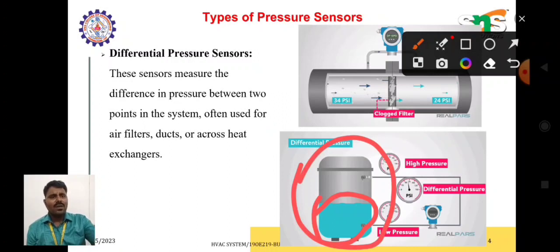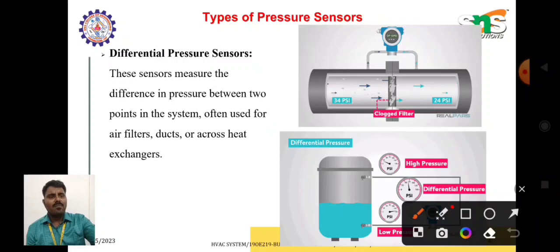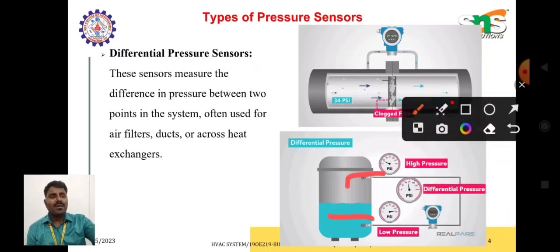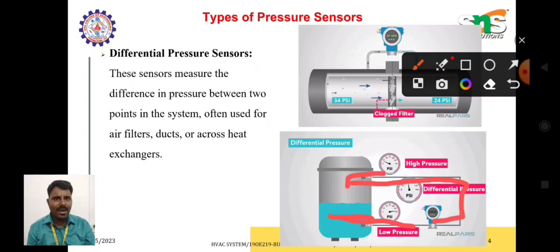Here we are measuring the heat in the fluid as well as in a vacuum. So we are comparing the two pressures. One is from the boiling water, another one is the vacuum in the boiler. The two pressures will be compared. So it is nothing but a differential transducer.